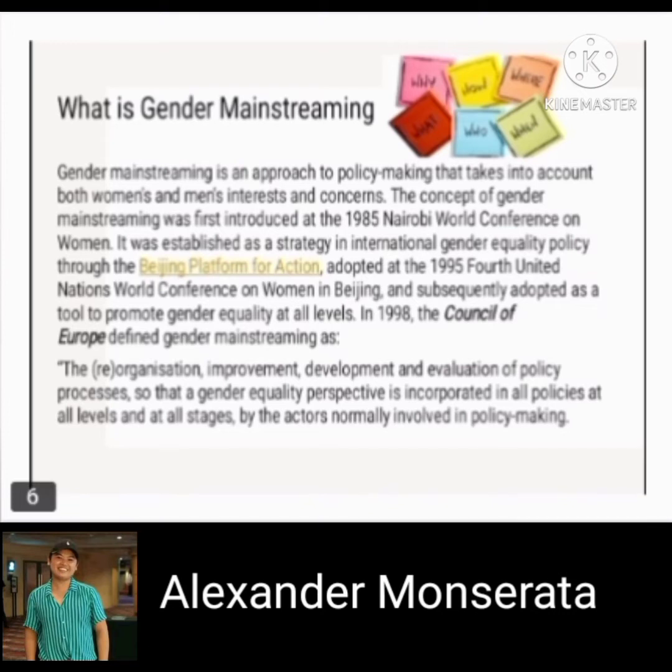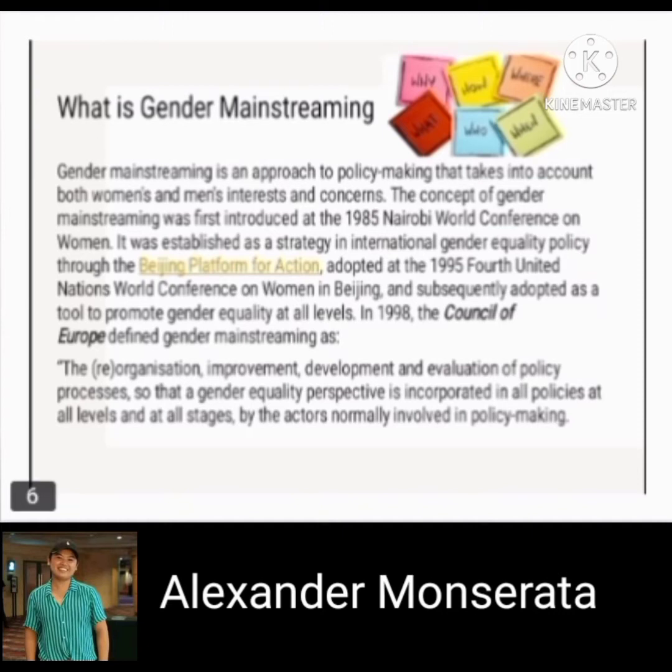In 1998, the Council of Europe defined gender mainstreaming as the reorganization, improvement, development, and evaluation of policy processes so that a gender equality perspective is incorporated in all policies at all levels and at all stages by the actors normally involved in policy making.